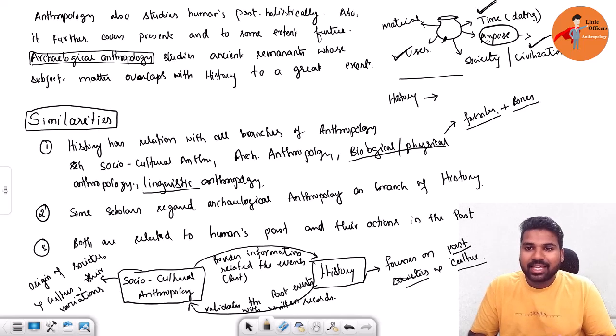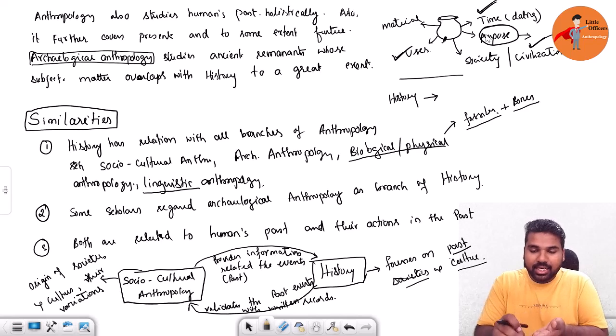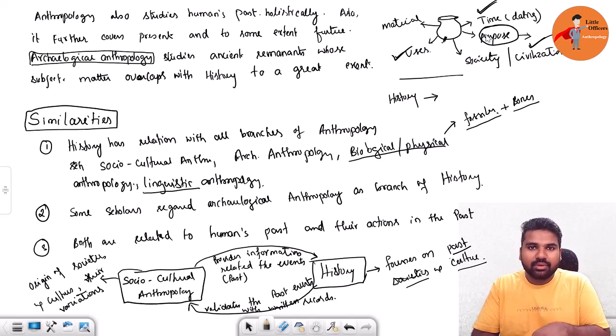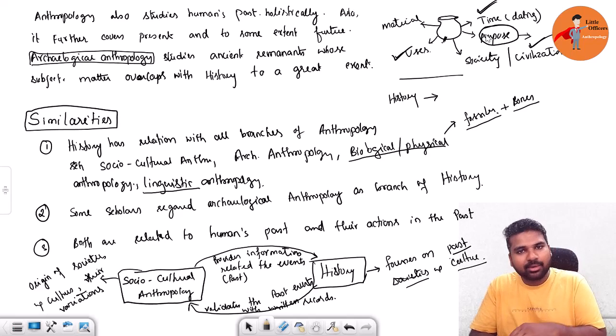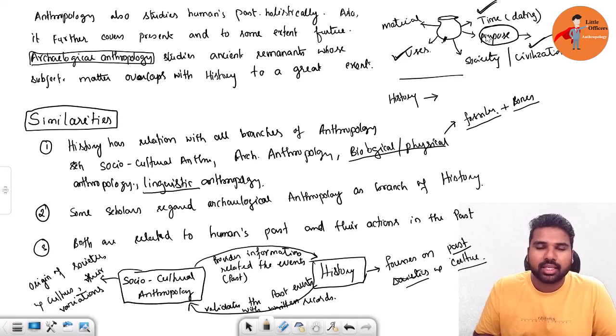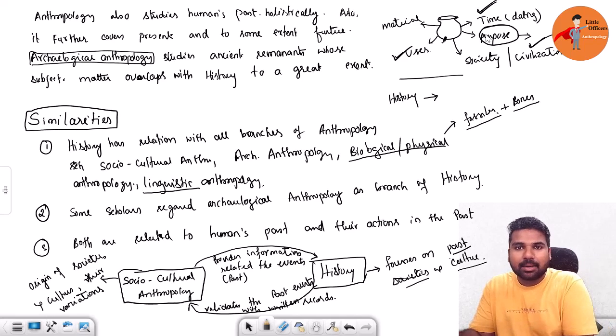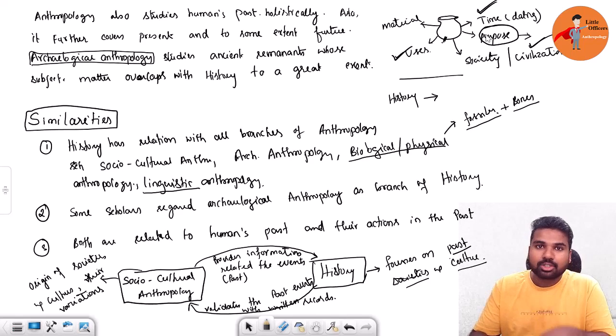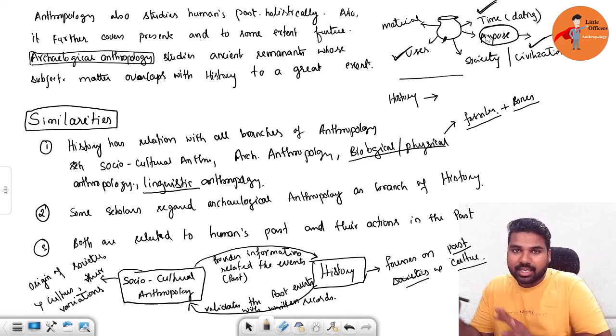Now let's say history finds a written record that so and so king was drinking so and so liquid from this pot which has this tap, and from there the liquid would be dripping and would be drawn and served to the king. If history comes across this, then it will validate that yes, the actual purpose of this pot is as written here, and it is being used like this.